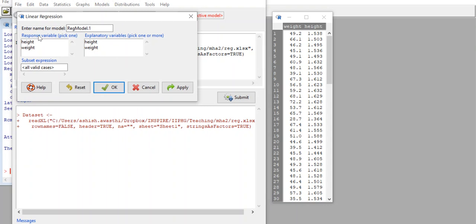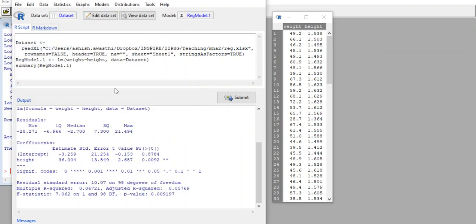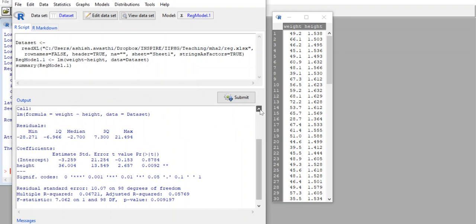You have to select your response variable or dependent variable. So your response variable is weight here, and your independent variable is height here, and you have to click on OK after selecting both the things, and it will show you some result of your regression analysis.